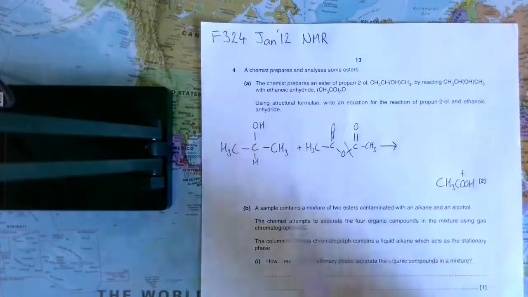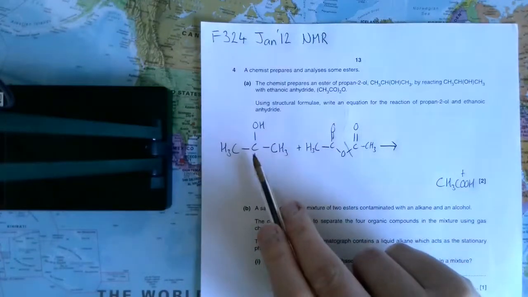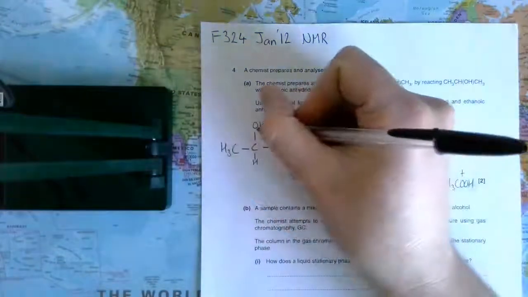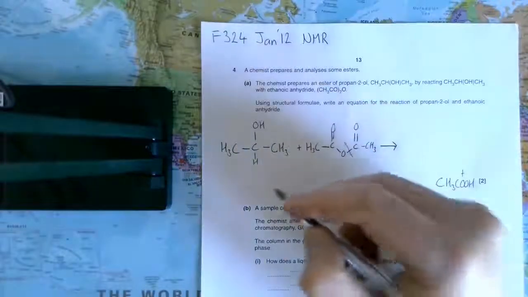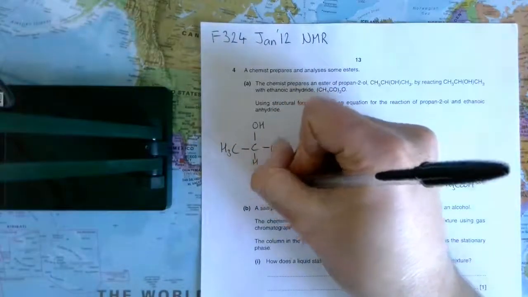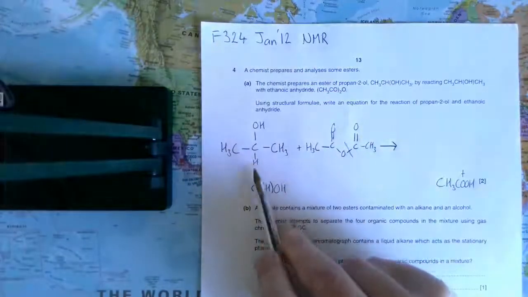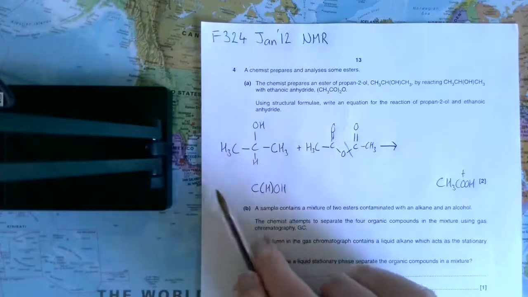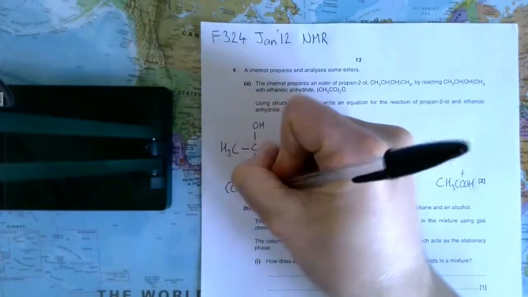Now we've been asked to use structural formulae, so I'm drawing this out and then I'm going to twist it round a little bit, because I want to have the hydroxyl functional group on the right hand side. So I'm going to put CH in brackets, with the H here in brackets, and then I can put the two CH3 groups together on the left hand side in brackets like that.